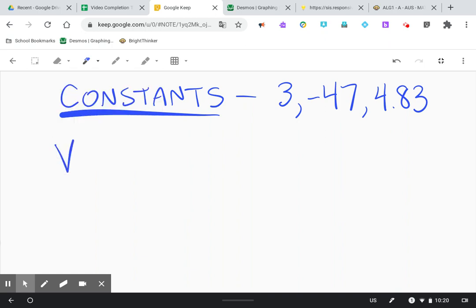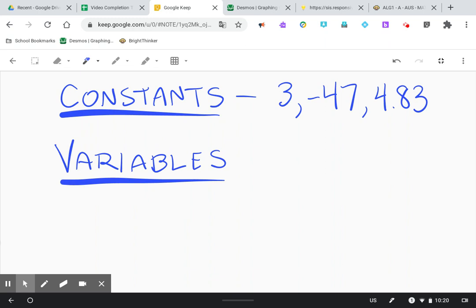In algebra, we begin to work with things that are called variables. And the name also indicates a little bit about what it's all about, which is that variables are things that change. Their value is not constant. A variable can be any kind of symbol or letter, typically X, Y, things like that.